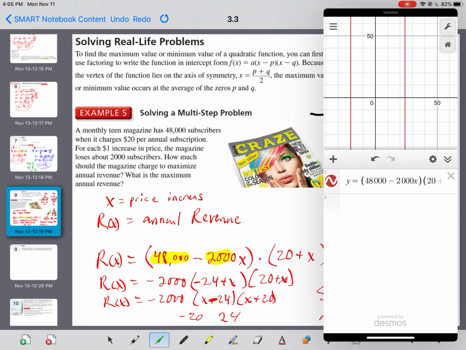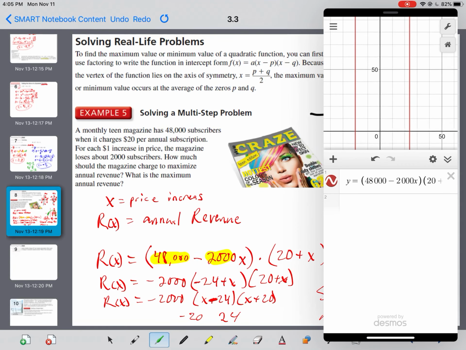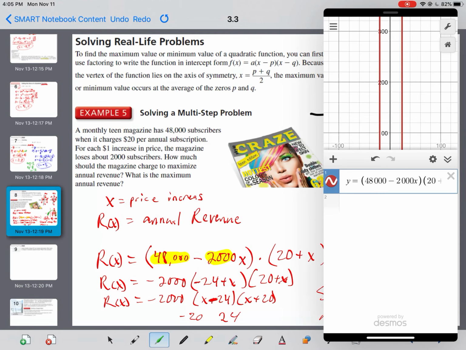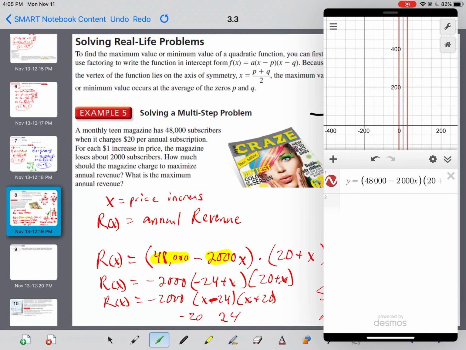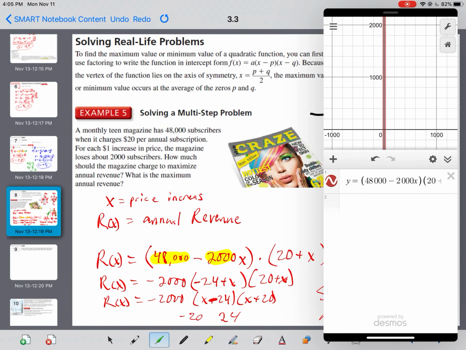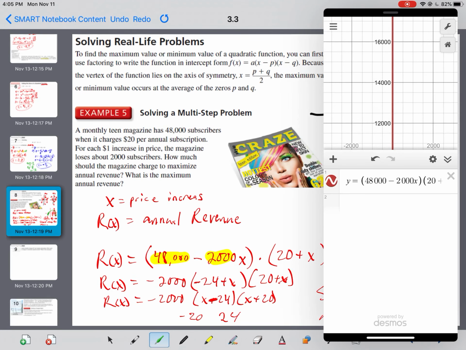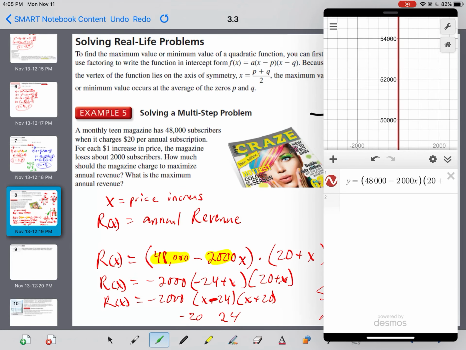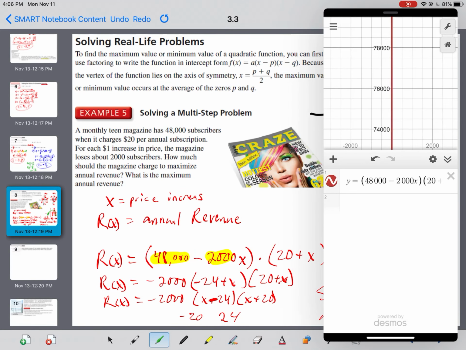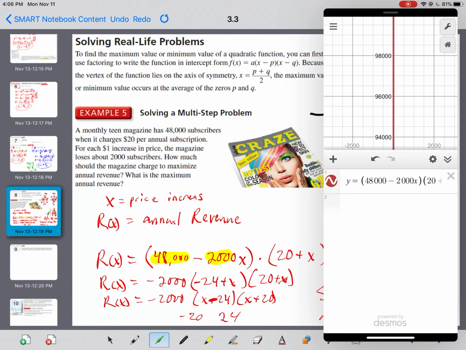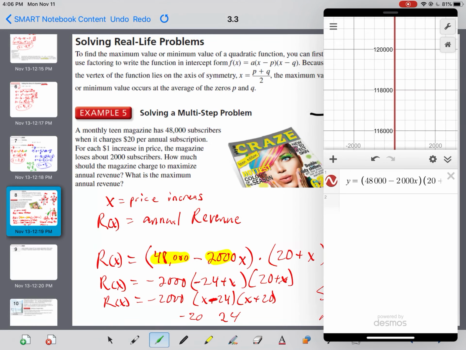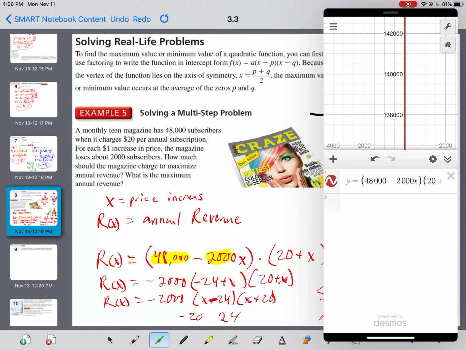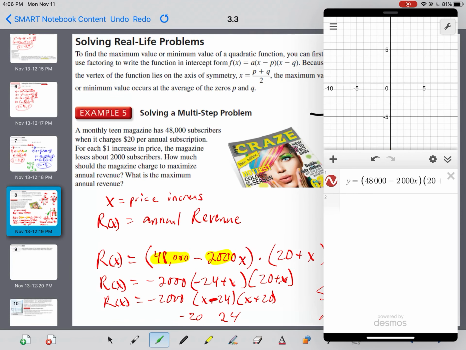So now we want to know our maximum. So we said, what if we put in 21, right? Well, we can shrink our maximum. That's way up there. Remember, it was 48,000 subscribers. So this is where graphing one of these things is very hard. And if we want to plug in something, it's so far up there.